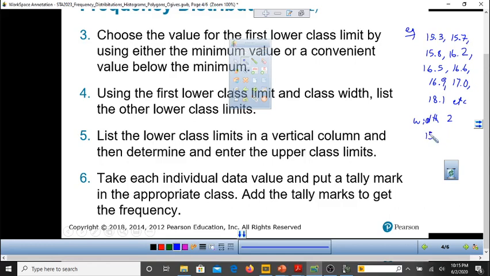If my first class is 15 and my class width is 2, I'd add 2 to that, and I'll get 17. Then I'll add 2 to that, and then I'll get 19, etc.